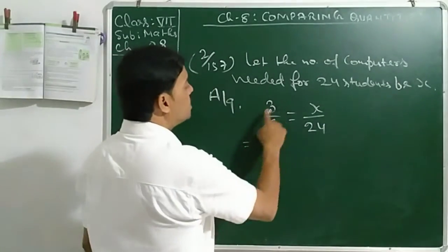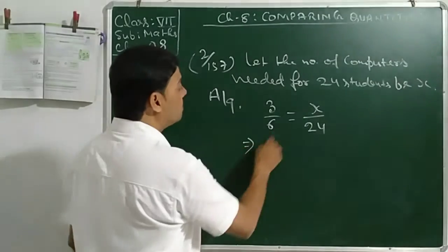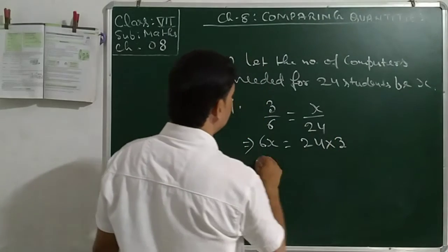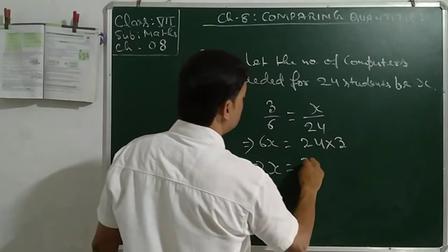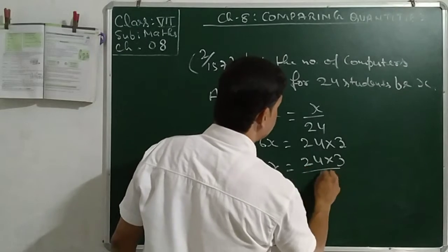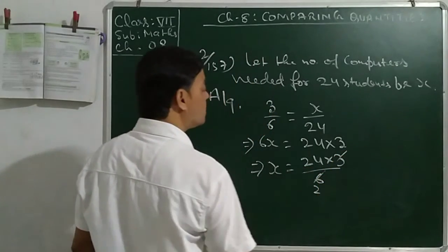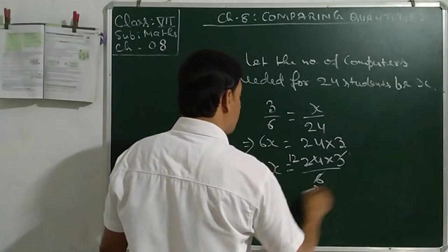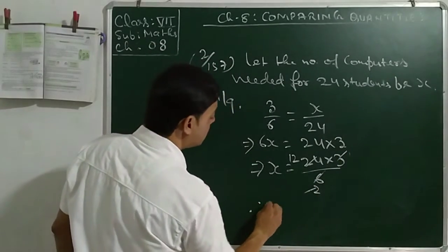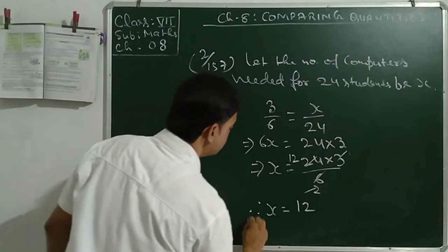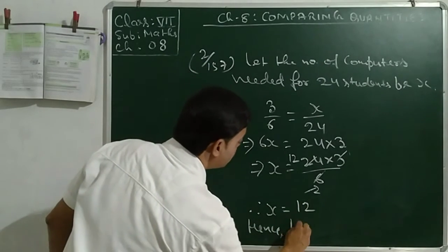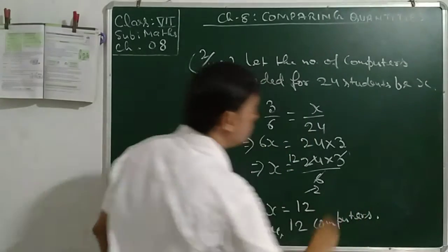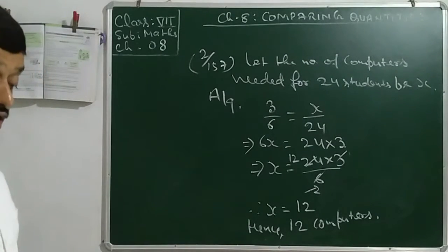So if you solve them properly, you will get 6x equals to 24 into 3 or x equals to 24 into 3 by 6. 3 2s are 6 and 2 12s are 24. So it became x equals to 12. Hence we can write 12 computers. You got the answer of second one.